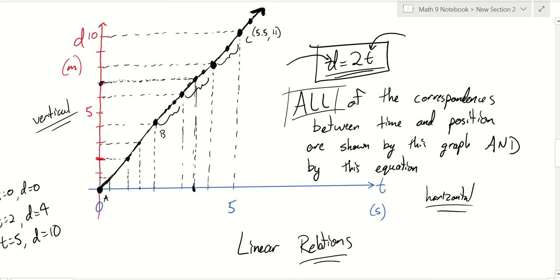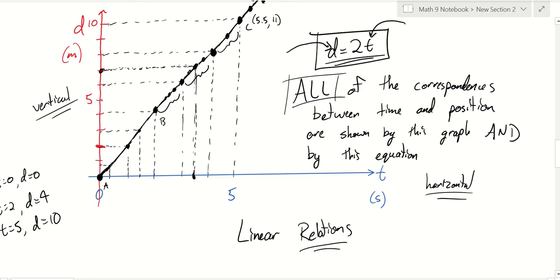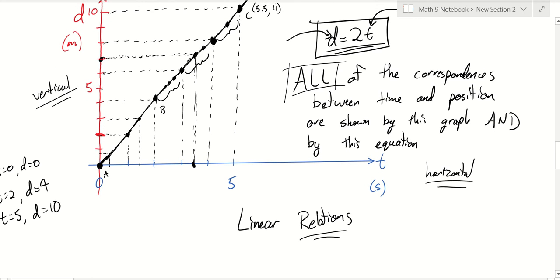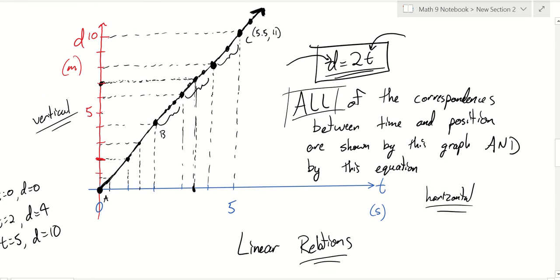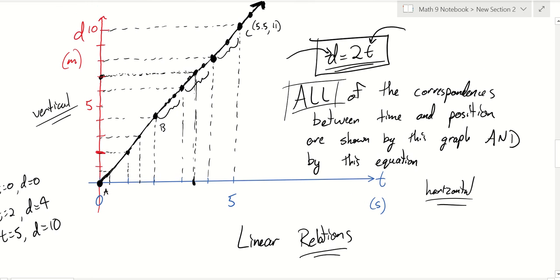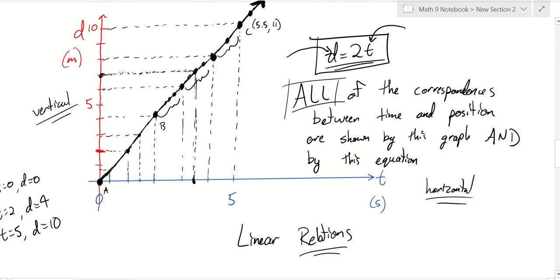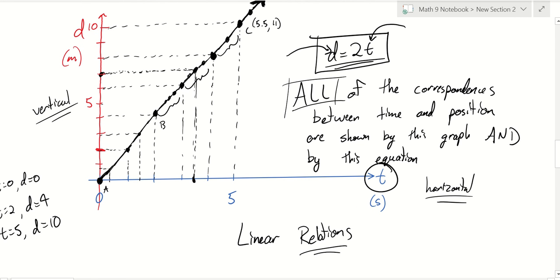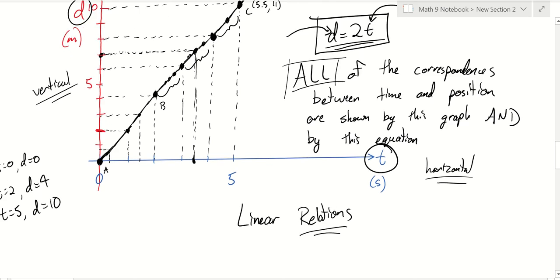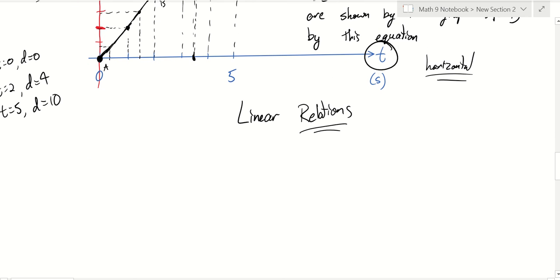But hopefully it's helpful to at least look at the foundations of the meaning of these horizontal and vertical axes and what they are tracking. They're showing you the correspondence between two different kinds of quantities, in this particular case, time and distance, or time and space. Really, this is probably your first introduction into what's technically called a space-time diagram.